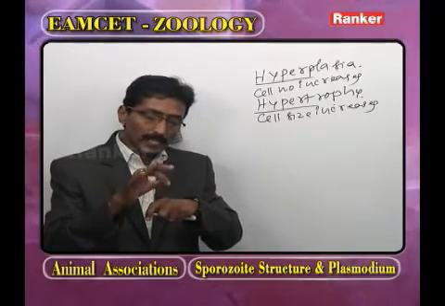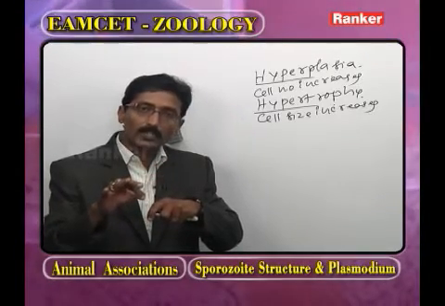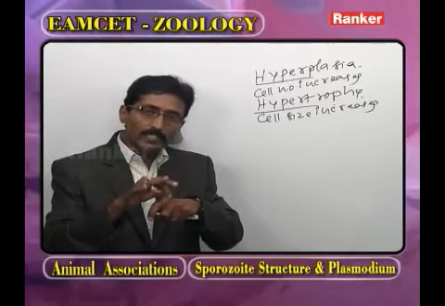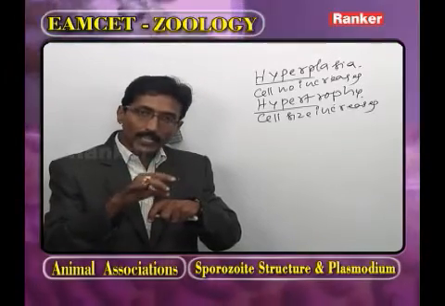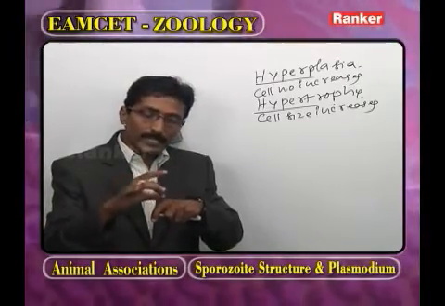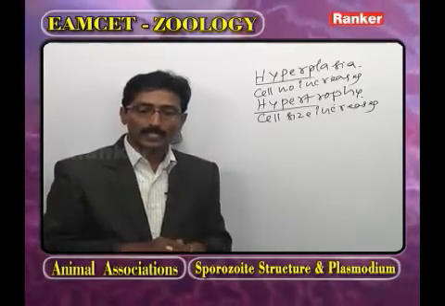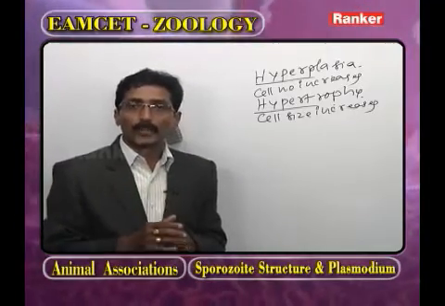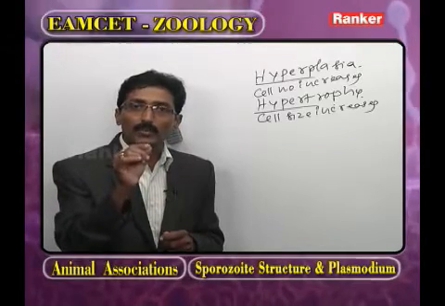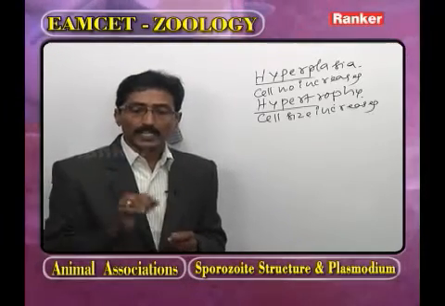Bed bug: it bites, sucks and leaves the body. And leech: it sucks the blood and leaves the body. That is intermittent. What is the meaning of intermittent? Temporary. And now, what is a coelozoic parasite? A parasite that lives in the cavities.